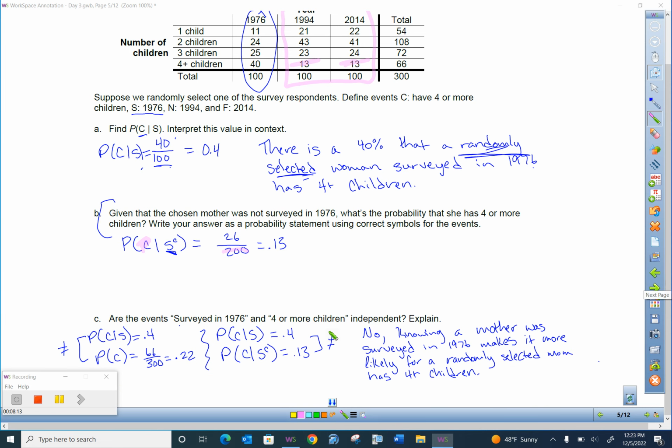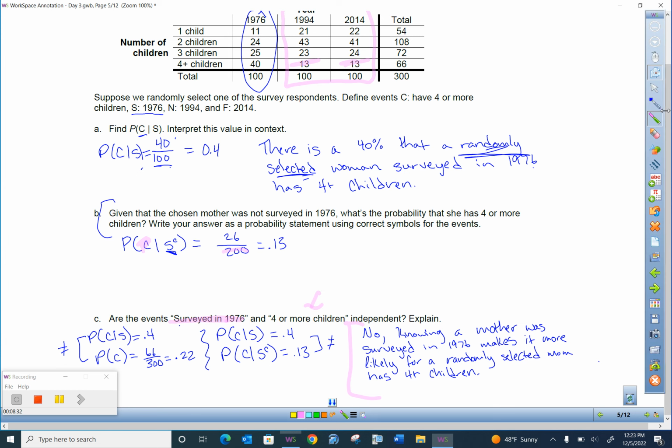Okay, last one was talking about independence. I want to talk about it logically first. The definition of independence means knowing that surveyed in 1976 happened will not make 4 or more children less likely. It won't make it more likely.